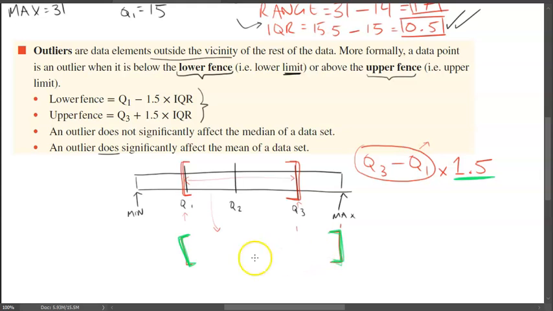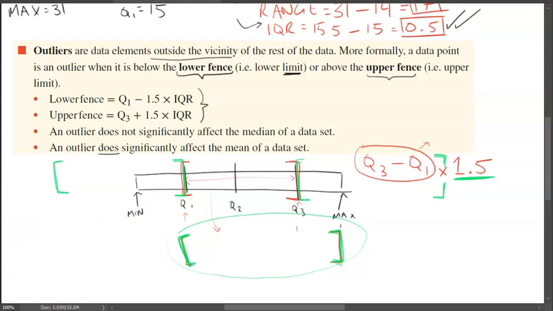I'm literally going to pick this up, and I'm going to put one of them here, and another one here. I'm just going to intersect this equation here. So I've taken this chunk, which is 1.5 times that middle range, and I've plopped it here and on the side there.